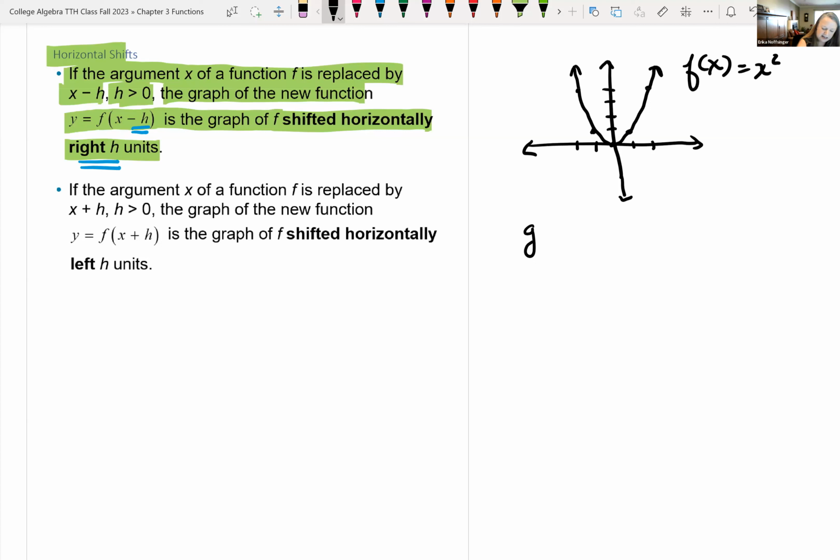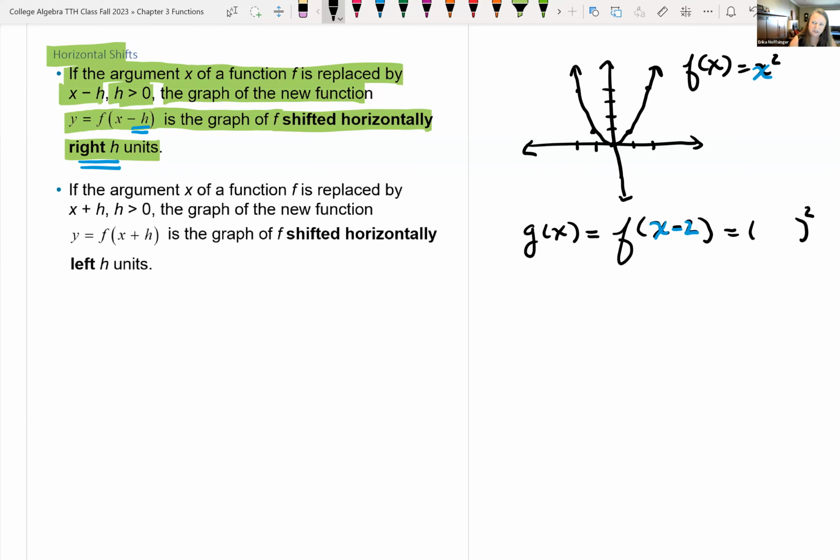So if we have g of x, and g of x was said to be, let's say, x minus 2 inside. Well, this tells me I'm going to go back to my function f of x, right? And wherever I see an x in my function f of x, I'm replacing that with x minus 2.